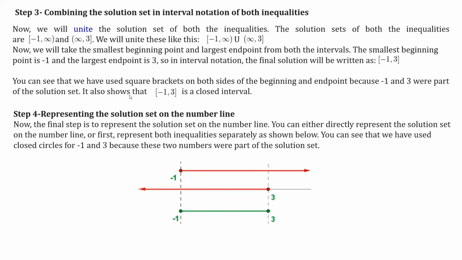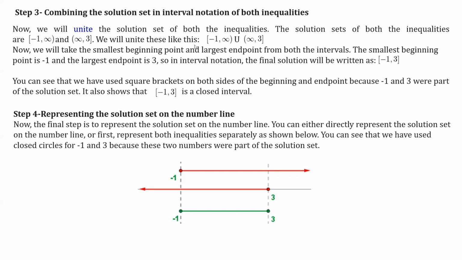Now we will unite the solution sets of both inequalities. The solution sets of both inequalities are from -1, including -1, to infinity, and from -infinity to 3, including 3.